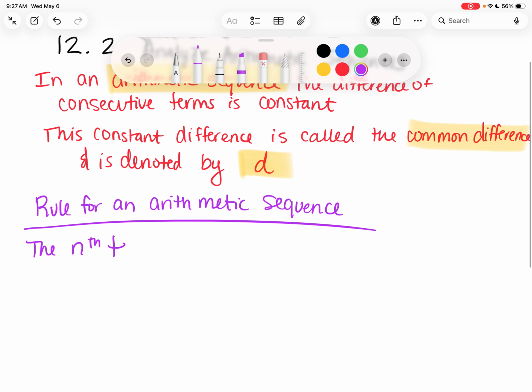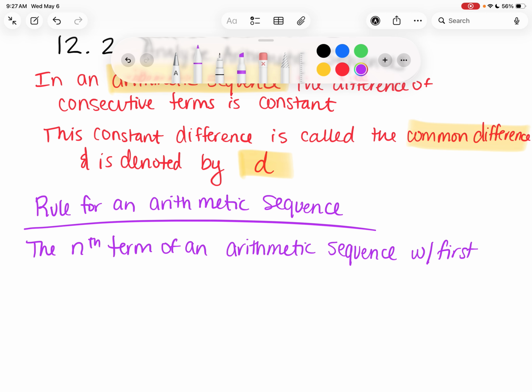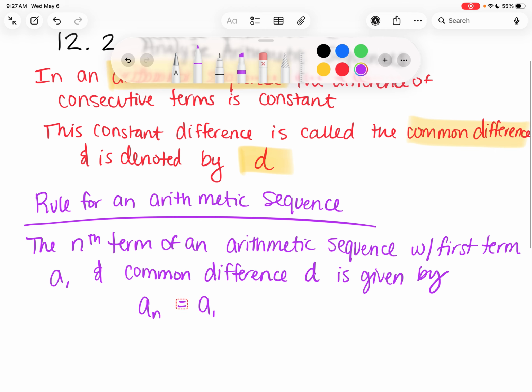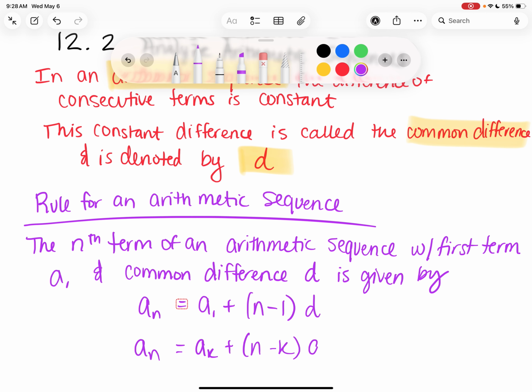The nth term of an arithmetic sequence with the first term being a sub 1 and common difference D is given by a sub n is equal to a sub 1 plus n minus 1 times D, and the other option is a sub n is equal to a sub k plus n minus k times D.